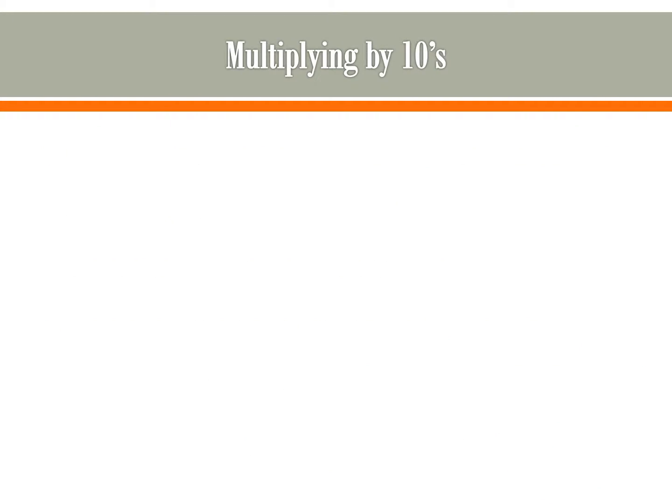Okay, before we get into too much of this, I do want to talk a little bit about multiplying by tens. For example, 7 times 2. This is something that's very easy. We all know 7 times 2 is going to be 14. That's super simple. Here's the deal, though.